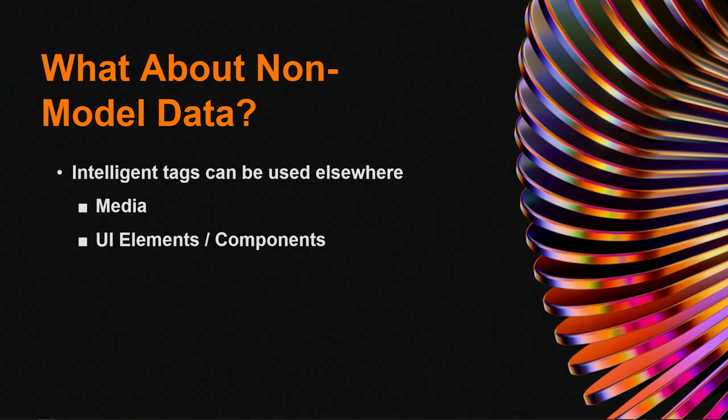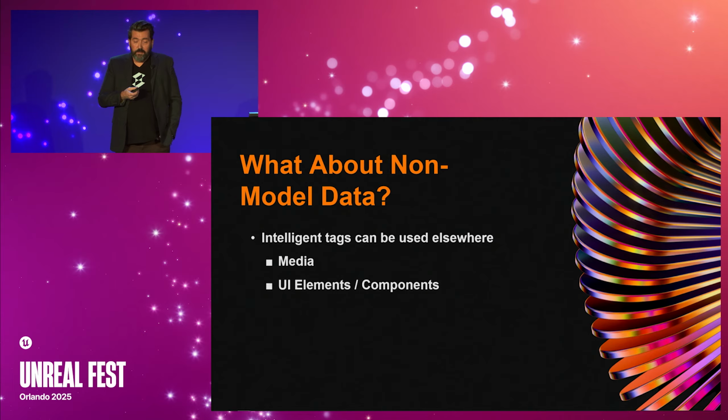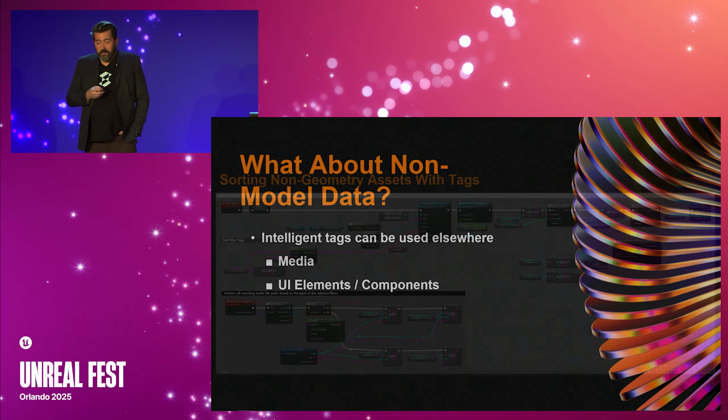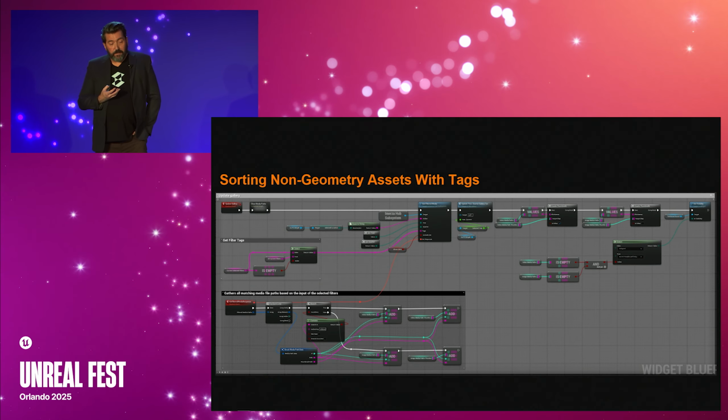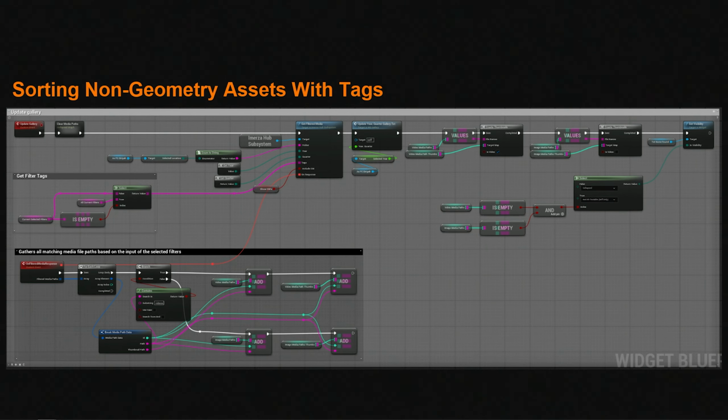Been talking all about BIM models and BIM data, but what about non-model based stuff? What's really cool is we can then also use that same system of tags in other things, media assets, UI elements and components, videos, etc. So here's an example of a pretty straightforward blueprint to sort through all those non-geometry assets using the same tags that the geometry is using.